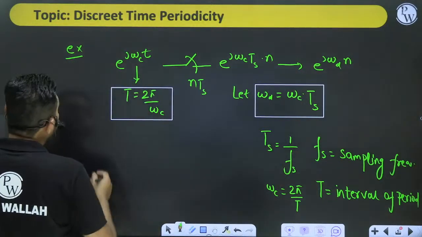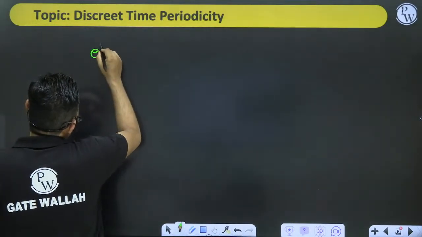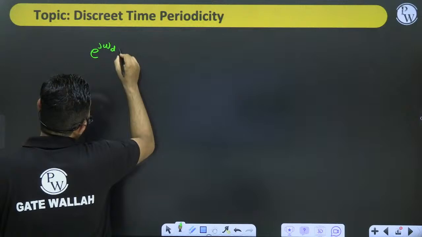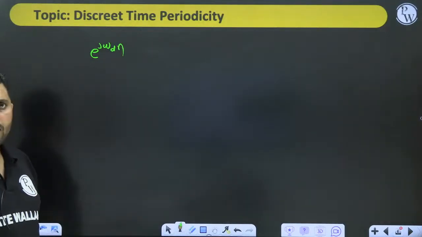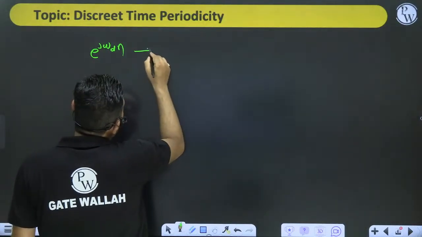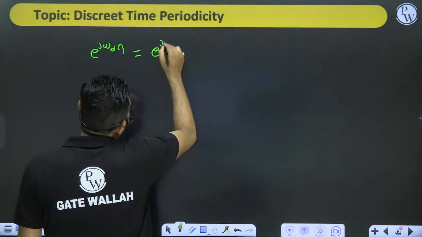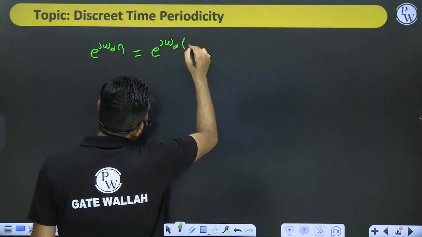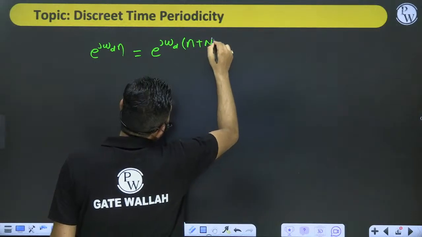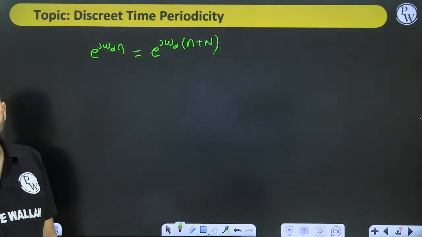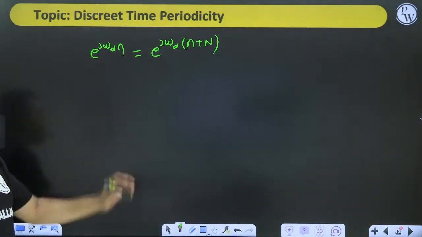Now what I am saying is, see here, I have e to the power j omega d n, and when it is equal to e to the power j omega d times (n plus N), then this is periodic in nature.